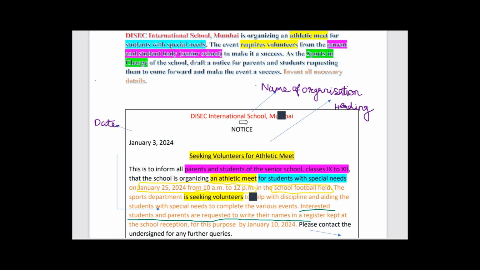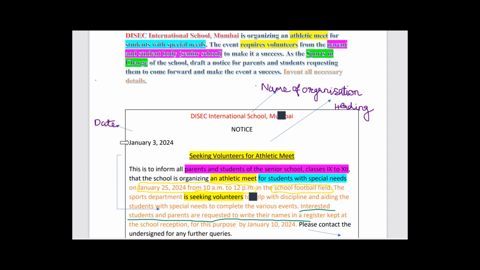Right below that, you can see the span of one line which has been left. Do leave a line between the name of the organization and notice. It is neater and it is easier for your examiner to catch all the details. So here you have notice in all caps.